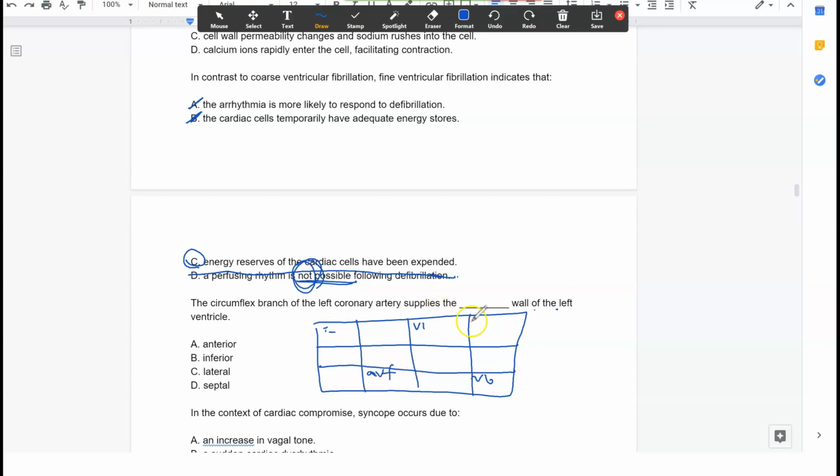So you had your left anterior descending. So these over there. And then you had your left circumflex, which came down here. And then you had your right coronary artery. So the right answer is your lateral wall.